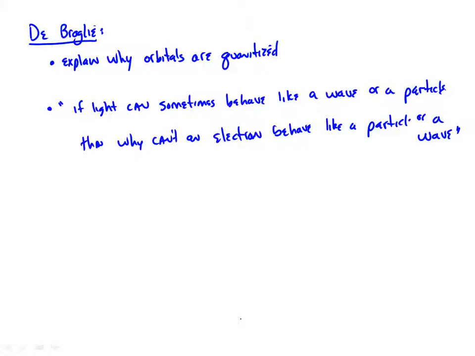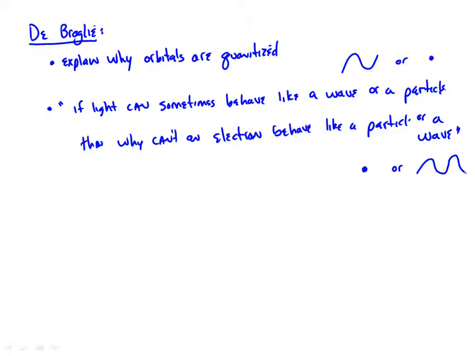A wave or a particle. Okay. So notice that it's opposite, right? Light is normally thought of as a wave, or it can be a little particle. Electrons were normally thought of as particles. Now we're saying, well, couldn't an electron look like a wave?